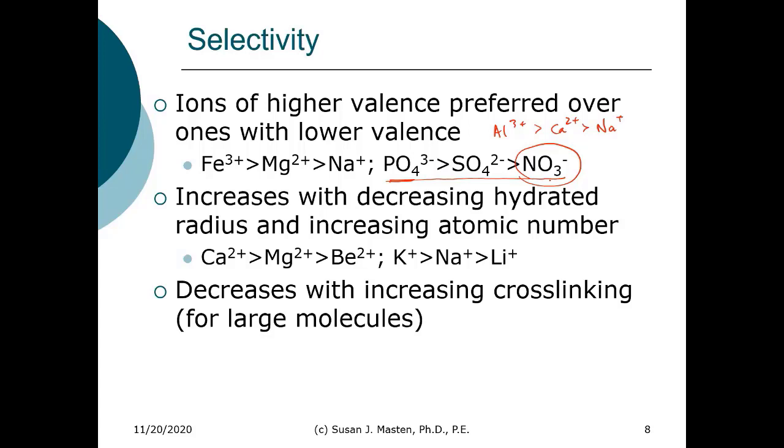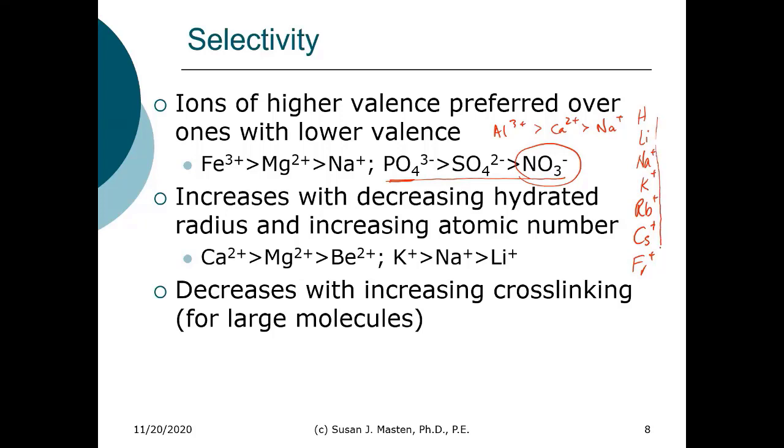Another issue with selectivity is that it increases with decreasing hydrated radius and increasing atomic number. So if we look at the periodic table, we have hydrogen, lithium, sodium, potassium, rubidium, cesium, and francium. Okay, so those are alkali elements.